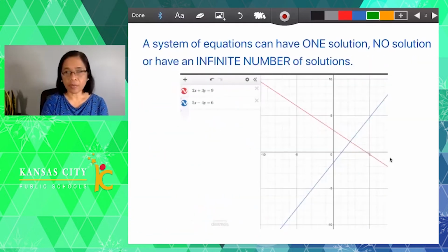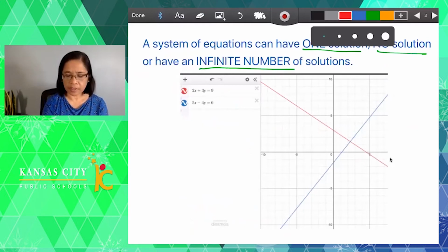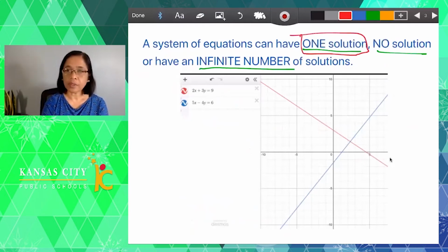A system of equations can have one solution, no solution, or an infinite number of solutions. So how does this look graphically? In the first figure down here, this is an example of a system that has one solution.